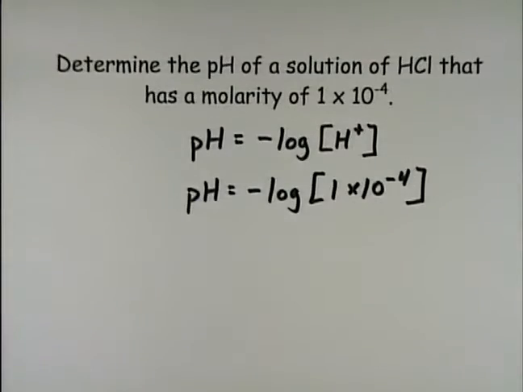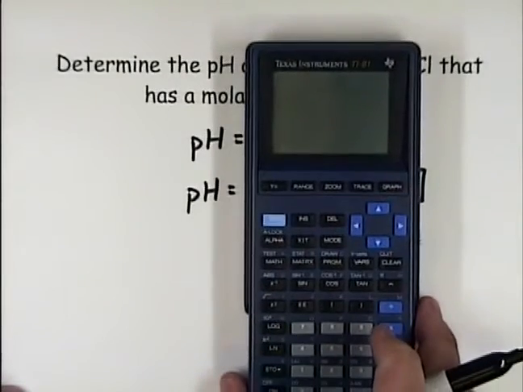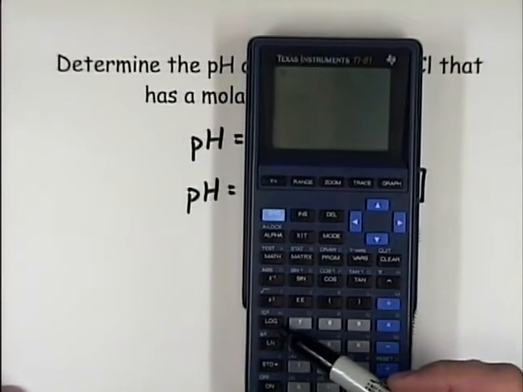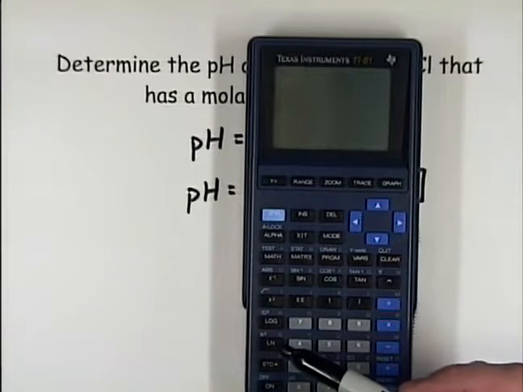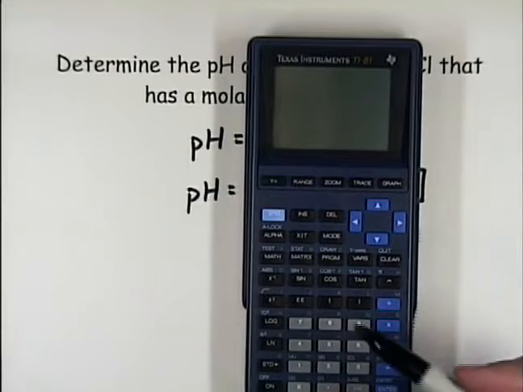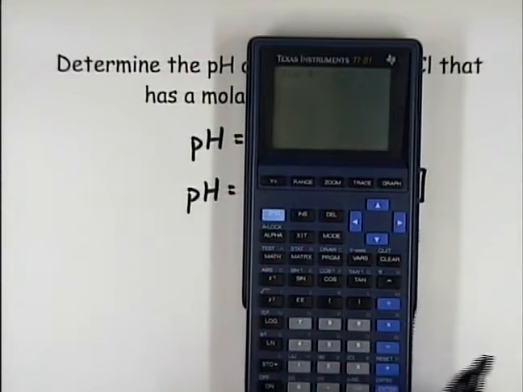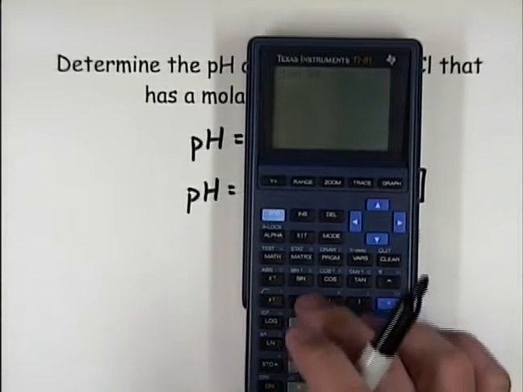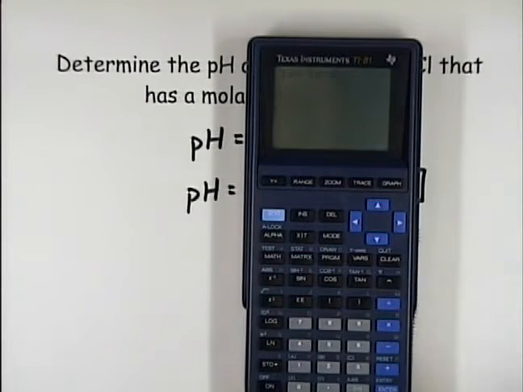You should have a log button on your calculator. On some calculators, to calculate the log, you'll need to push the log button first and then enter the number. On other calculators, you'll need to enter the number first and then push the log button. Either way, use that log button to calculate the log of 1 times 10 to the negative fourth.